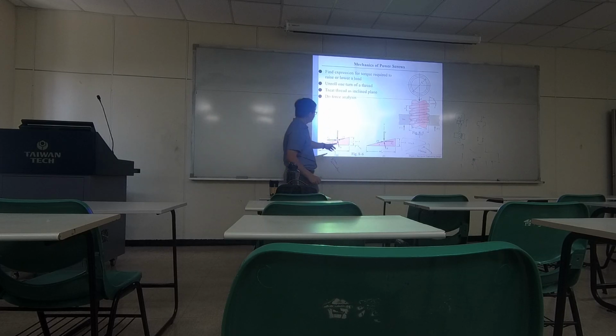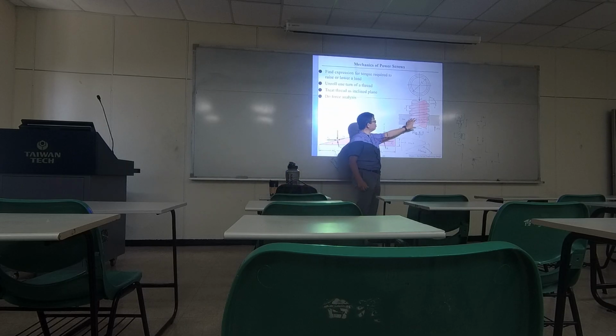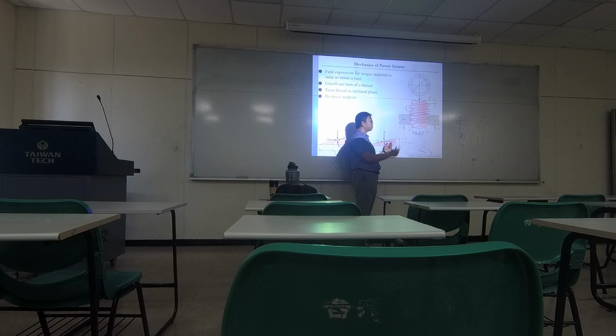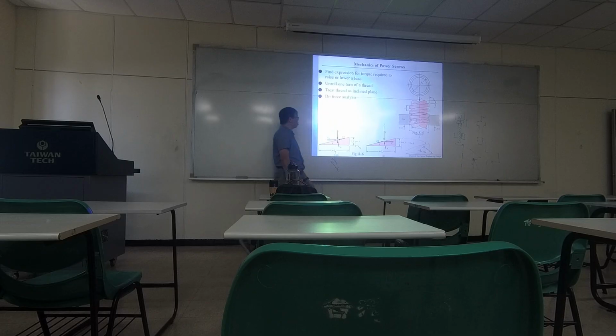That's why the friction force has the opposite direction compared to the lifting condition. And since you are pushing in the opposite direction, this is coming down, so this transverse pushing force would be coming from the right to the left. That's the force for the push.